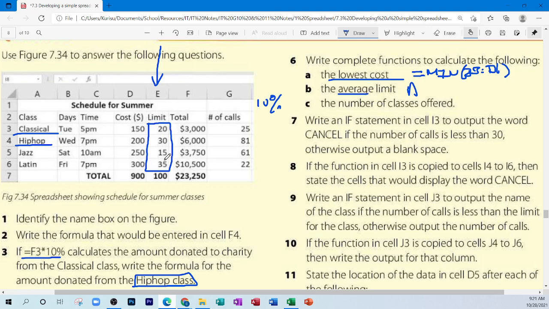What is the function for the number of classes offered? Jasmine? Jasmine? Seems you don't have Jasmine today.